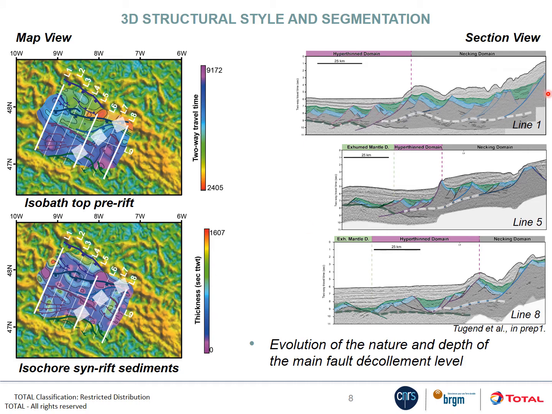Also, we observe an evolution of the décollement level from proximal to distal part of the margin, from being here located at mid-crustal level to being at the base of the crust in the distal margin.